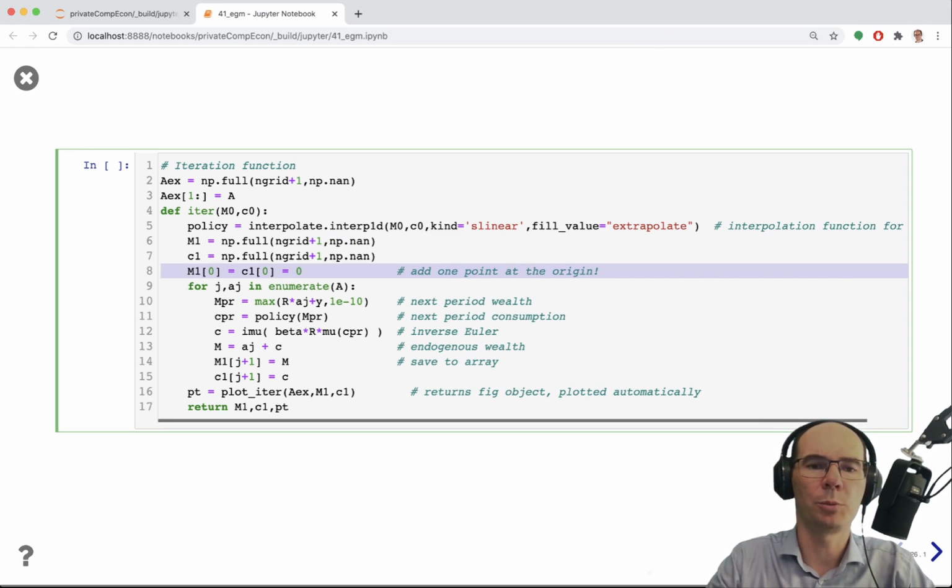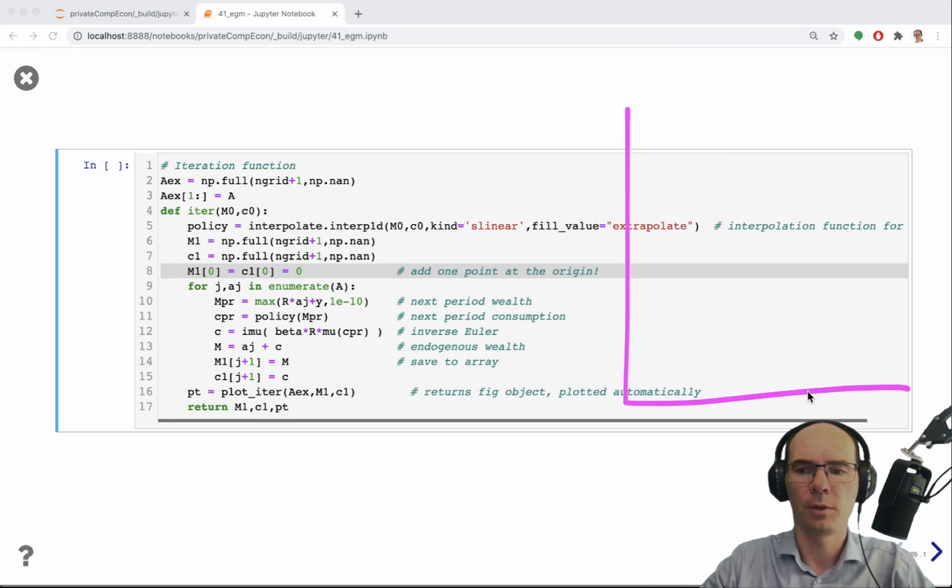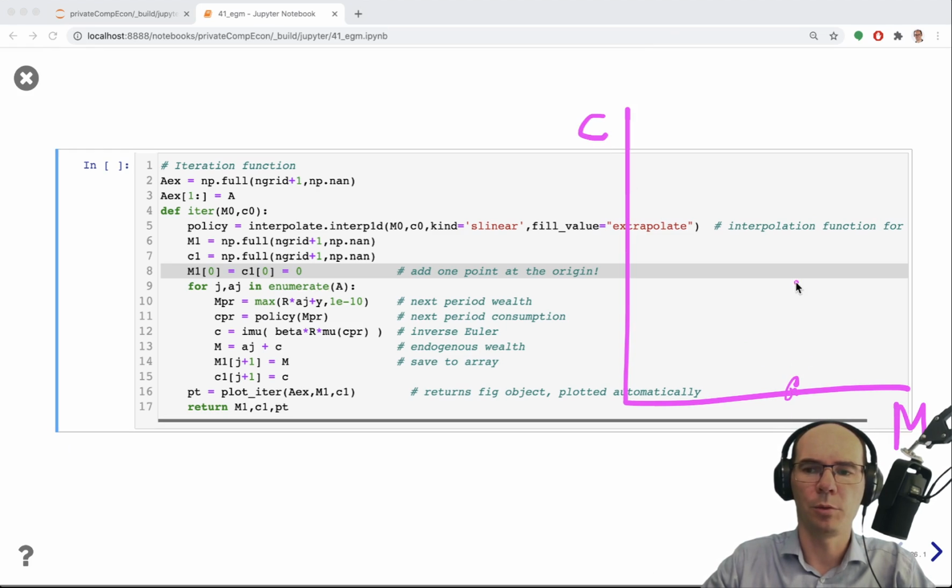This is going to be the first point of the solution. And think about that. So we will have some solution, we will have m naught somewhere, and there's going to be consumption. This is consumption. This is m. This is m naught. There will be some level of consumption that corresponds to the m naught, and we actually know that level of consumption. That's also m naught, because this is the point where you consume everything.